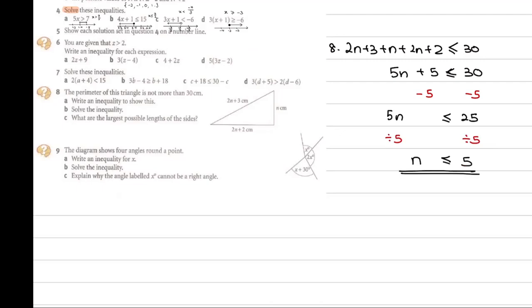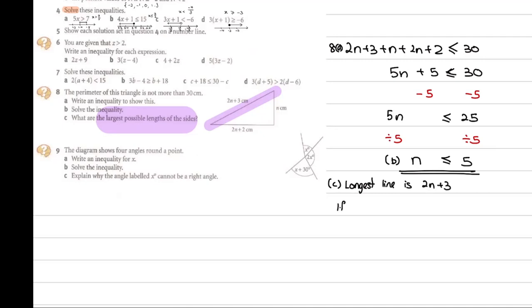So this is everything. I'm so sorry, I forgot to do it this way. This is A. We write an inequality, solve the inequality, and then find the largest possible length. Largest possible length will be the longest one. You can see it clearly, opposite of the two straight lines. So the longest line is, this is question C, 2n plus 3.